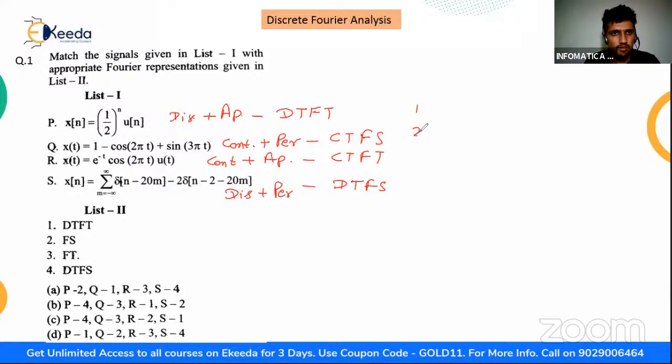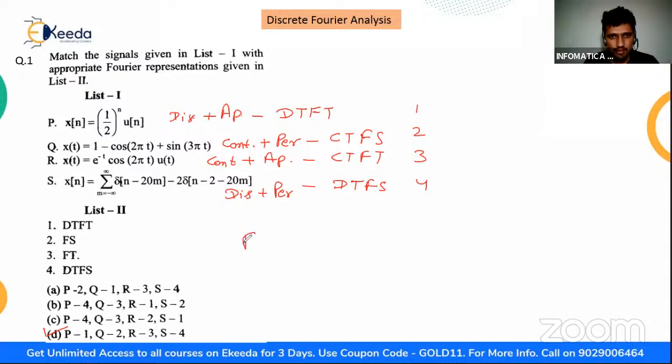These two, Fourier series or Fourier transform, by default we understand to be continuous time, because for discrete we have already mentioned discrete. So this is again 3 and this is 4. So P will correspond to 1, then 2, then 3 and 4. So option D is correct.